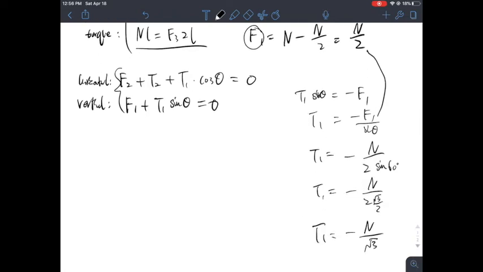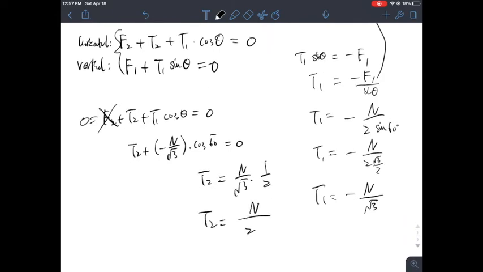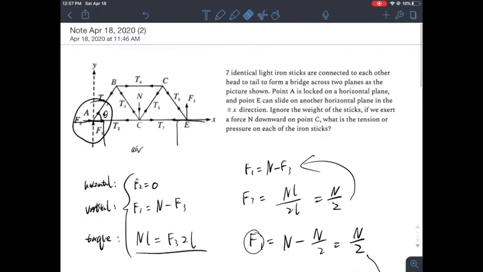We solve it and get T1 equal to negative N over the square root of 3. Then we plug it back into the horizontal equation. Because F2 is 0, we just forget about it. T2 minus N over square root of 3 times cosine of 60 degrees equals 0. So T2 will be N divided by square root of 3 times 2, which is N divided by 2 times square root of 3.